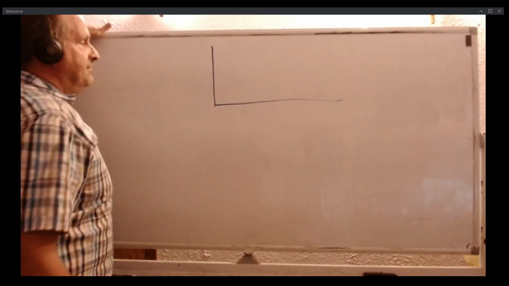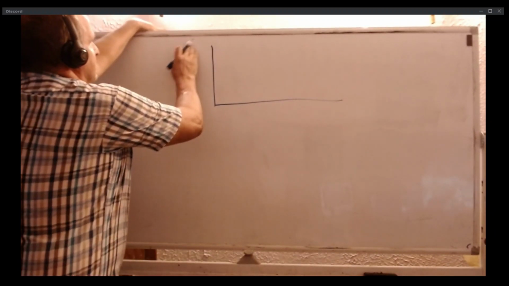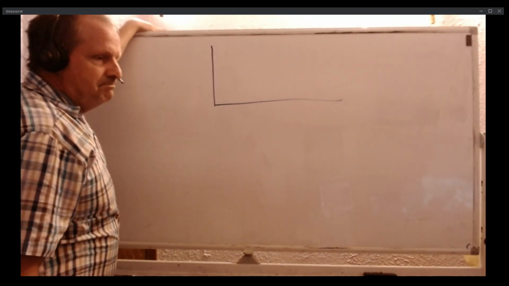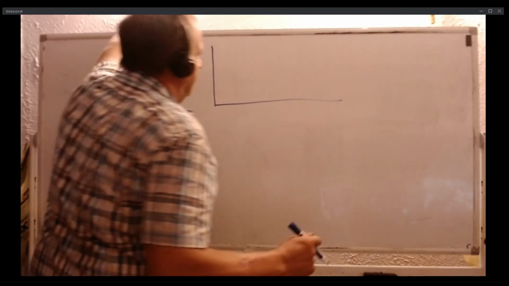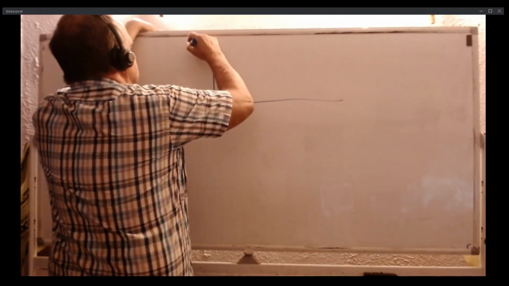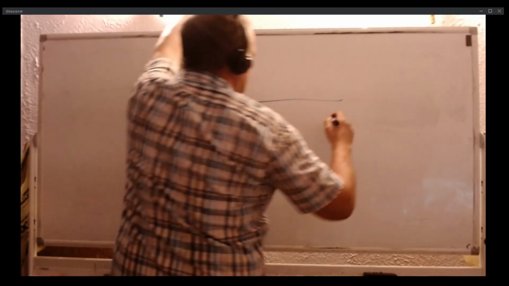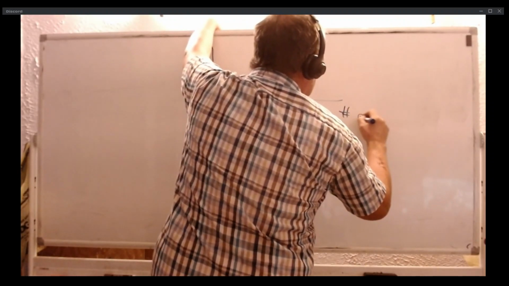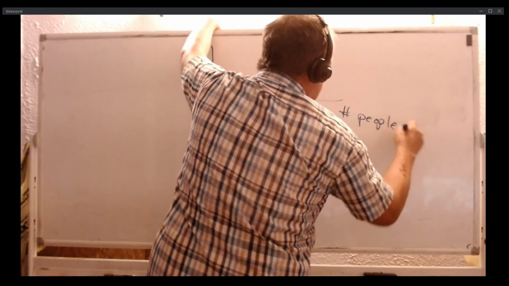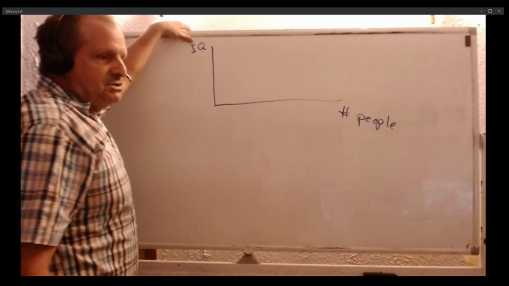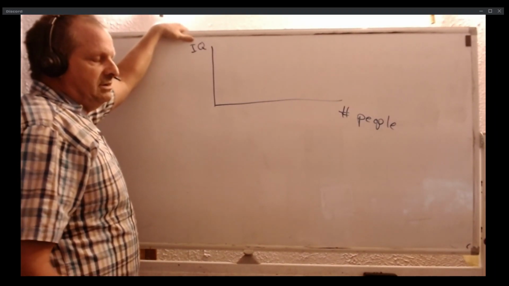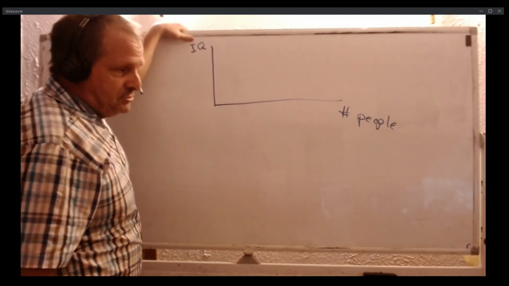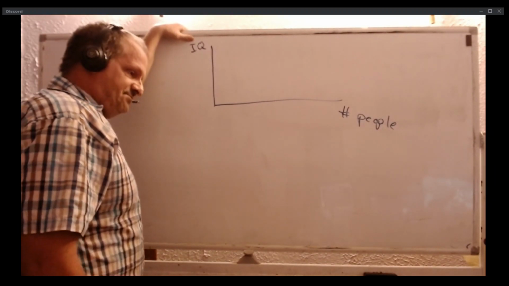Here's the reason why. Let's say, okay, IQ. IQ is intelligence quotient, right? It's arbitrary. What does arbitrary mean, by the way?